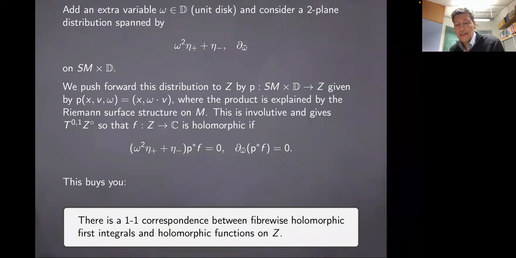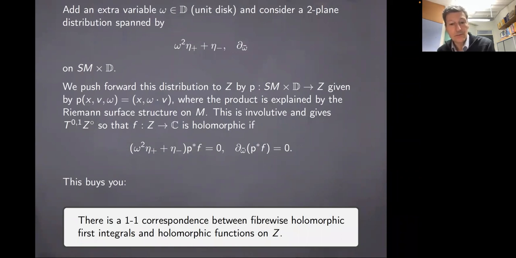Now, the case that I'm looking at here, because in the last few minutes I will talk about distributions, I'm looking at C-infinity functions on Z that become holomorphic in the interior of Z, because the notion of holomorphicity makes sense only in the interior of Z, but this is a perfectly fine one-to-one correspondence.